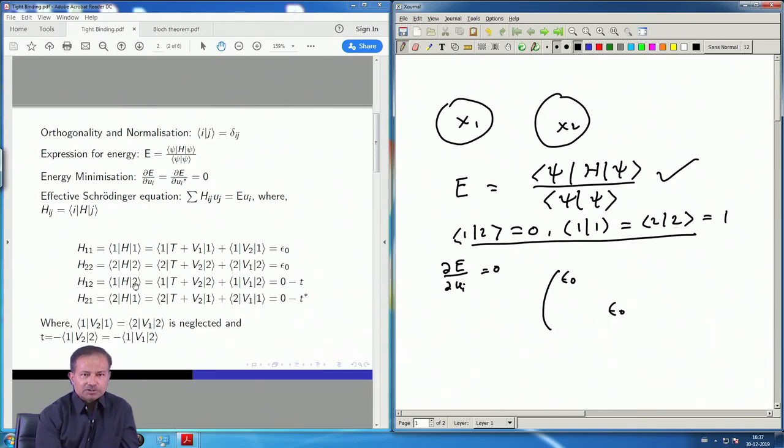Now, H12 is the Hamiltonian matrix element between 1 and 2, and this does not get any contribution from the first term, because that part is the diagonal part of the Hamiltonian. It will not have a cross term, and this is the term <1|V1|2> or <2|V1|1>. These are called the hopping terms.